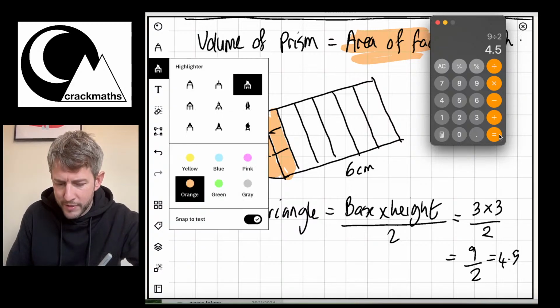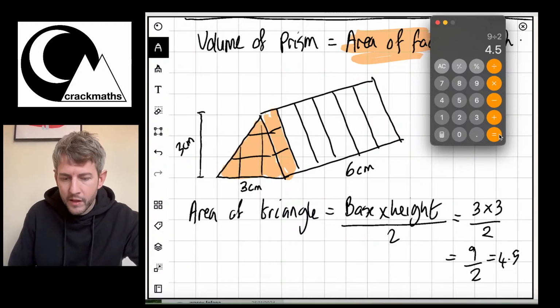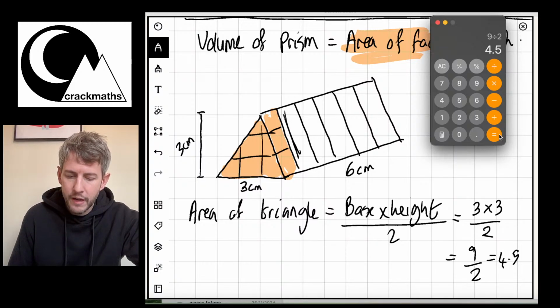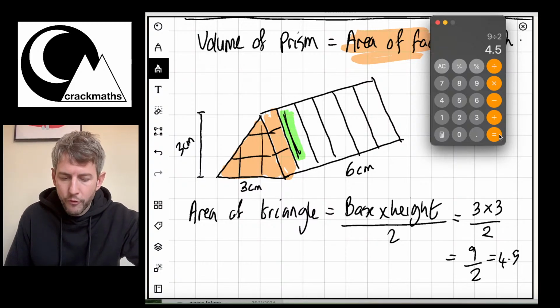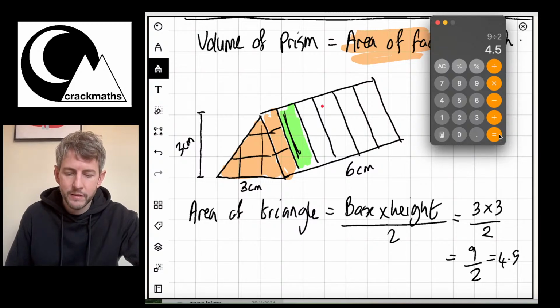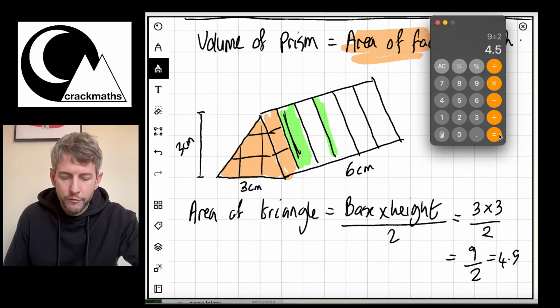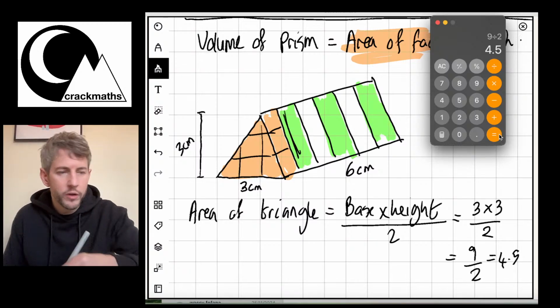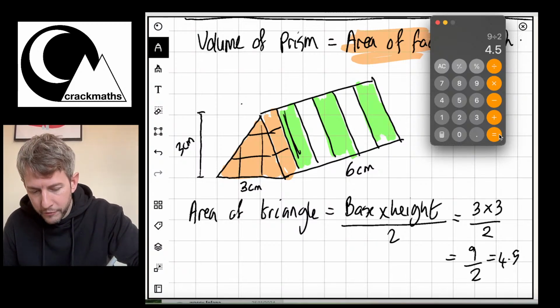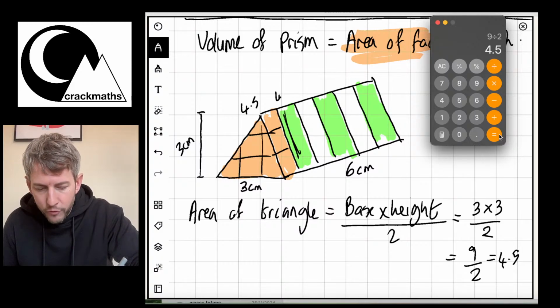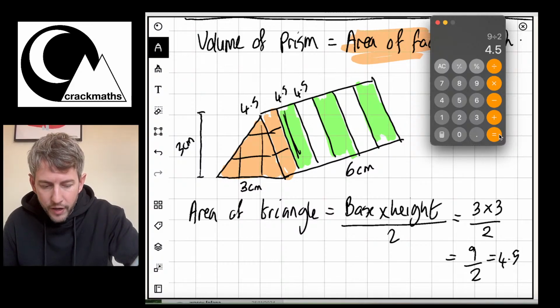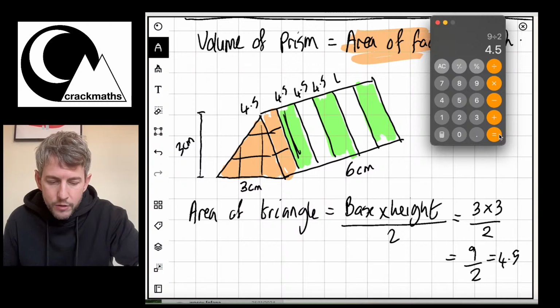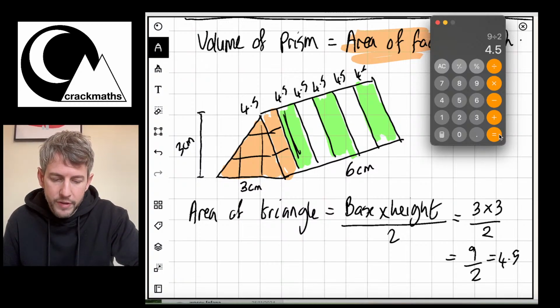So let me just shade some of those in. So we've got 4.5 cubes in the front layer, 4.5 cubes in this layer. I'll leave that one blank. 4.5 in this one, 4.5 in this one. Each one of these has 4.5s.